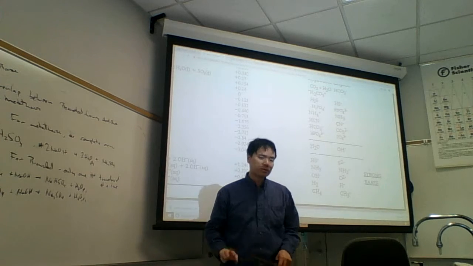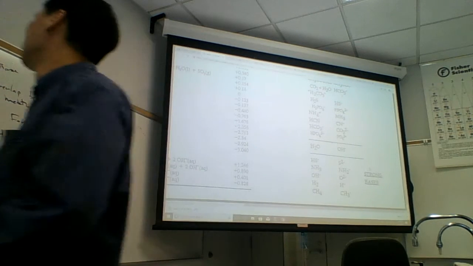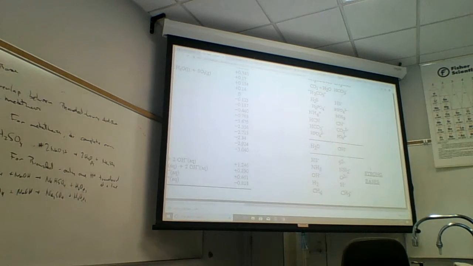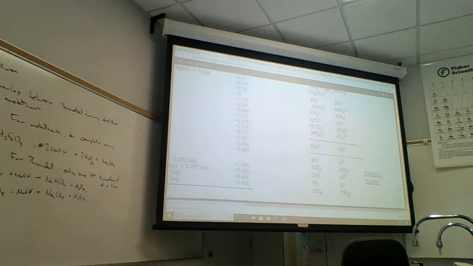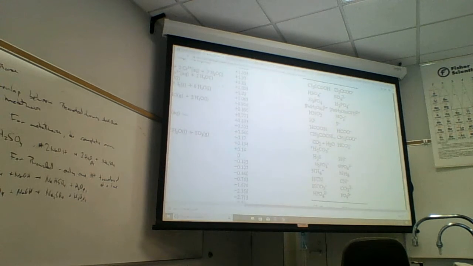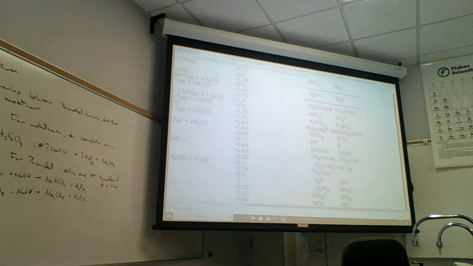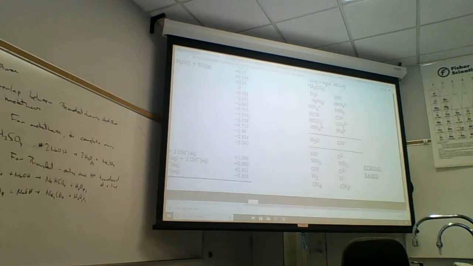And so which of those three is the strongest? Water? Well, this chart is inverted. The strongest on the right side is at the bottom. The weakest is at the top. And so it turns out that whichever one's closest to the bottom here, which would be phosphate, is the strongest base.